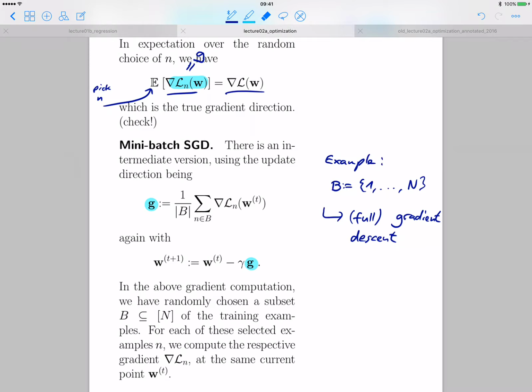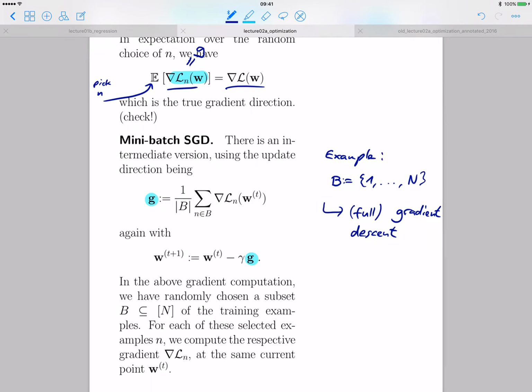So that's the two extremes. And in this middle ground, when we just use a few, let's say 5 data examples and so on, then we have a mini batch. So we use 5 examples, 5 data points, compute their gradients, average them, and that is going to be the direction in which we move. So why would anyone want to do this?